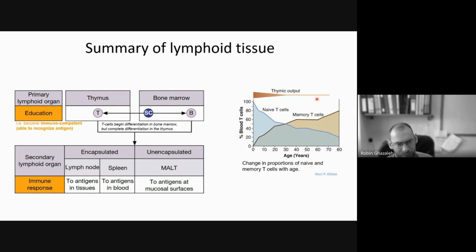The response is going to be lower. We are going to have fewer naive T cells to potentially recognize this new type of infection, and that means we'll have a poorer T cell response. It also means we'll have a poorer T helper cell response.